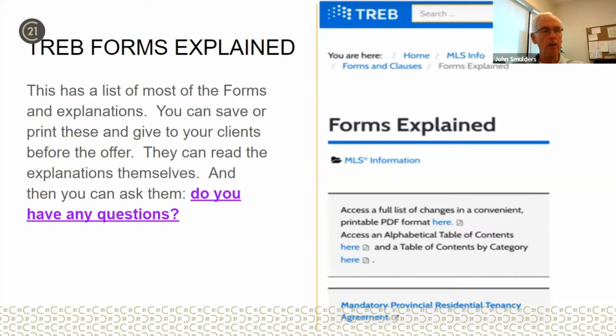If I was selling real estate today, I think I'd keep a copy of the most common forms in my briefcase, so that if I ran into a buyer or a seller, I could say to them, here's a copy, here's what it says and what it's explaining. Please have a chance to read it over, and then we can go through the document together, or if you have any questions, I'll answer them. It'll save you time for sure. It's a great thing that the Toronto Real Estate Board has.